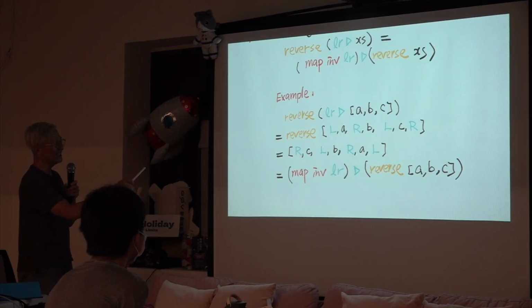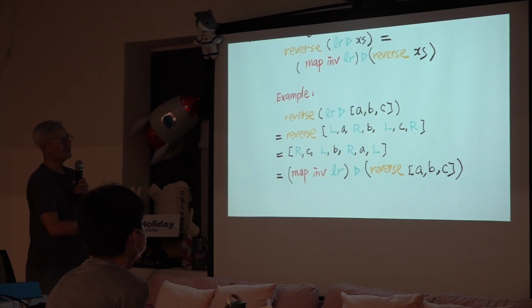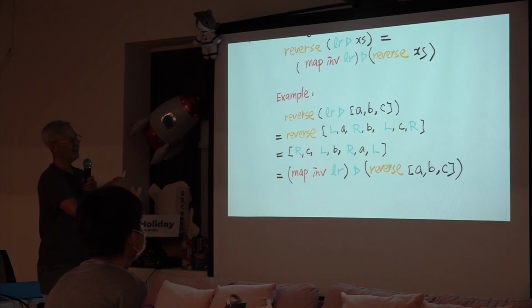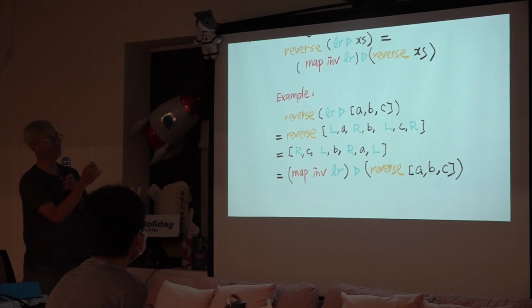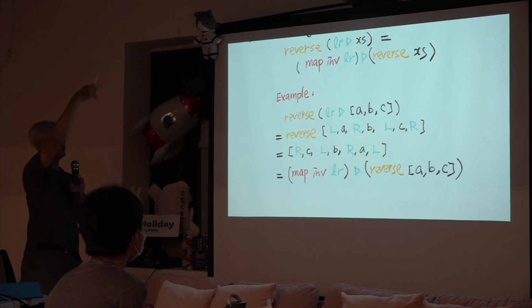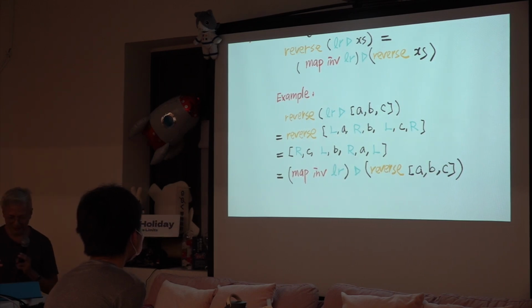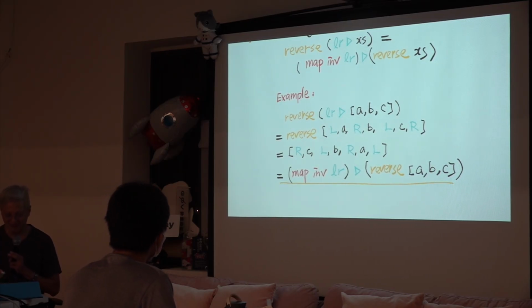I get RC, LB, RA, L, which is the reverse of ABC with the inverse of LR interleaved into it. Okay? And that is a proof, but that's also a simple proof. This property needs the first property. Right. And this one happens to be the property I already have.